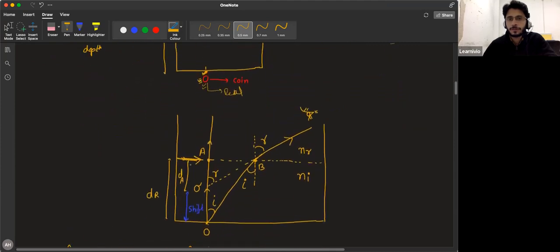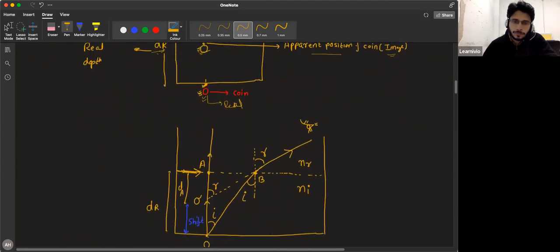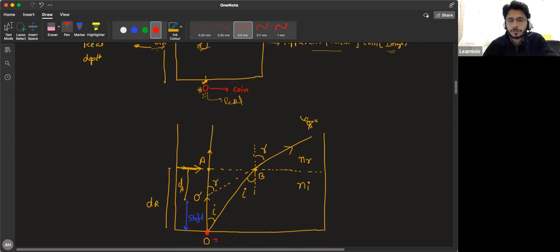And how does this happen? This is the ray diagram. So this is your coin. You call this coin your object. You have to draw the ray diagram to see the position of the image.